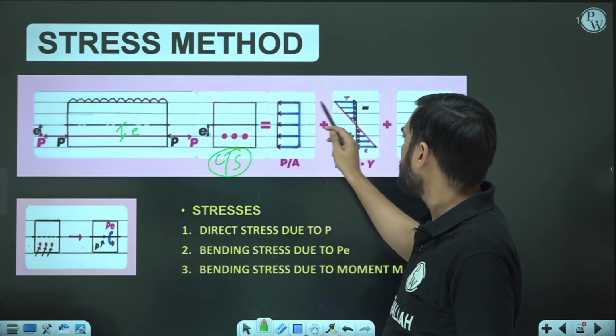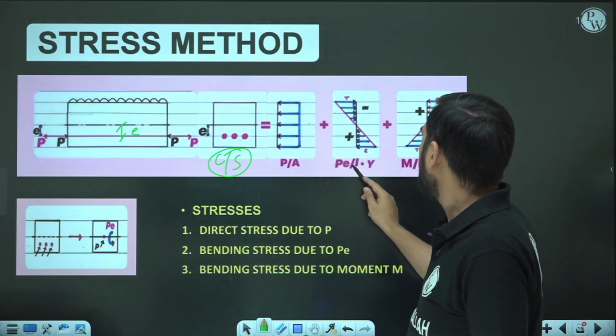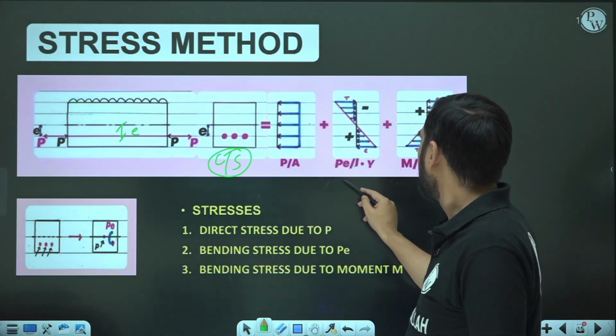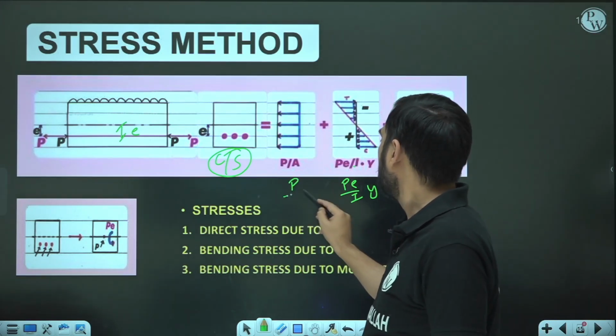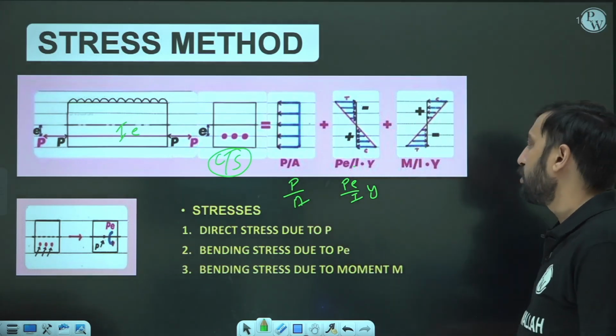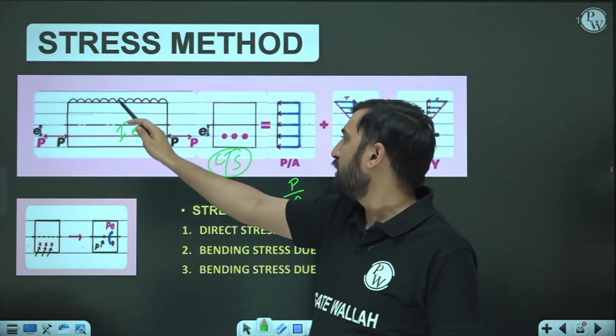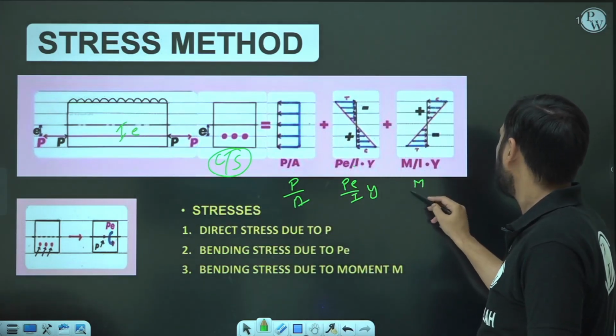So overall tension or compression will depend upon the resultant of these two. This is P e upon I into y, and this is P over area. Due to the external load, you can see that sagging would be happening here and hogging there. It would be M upon I into y.